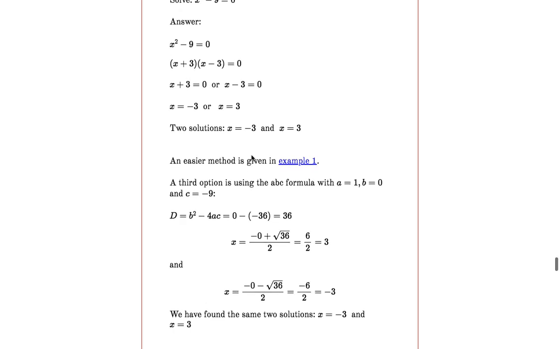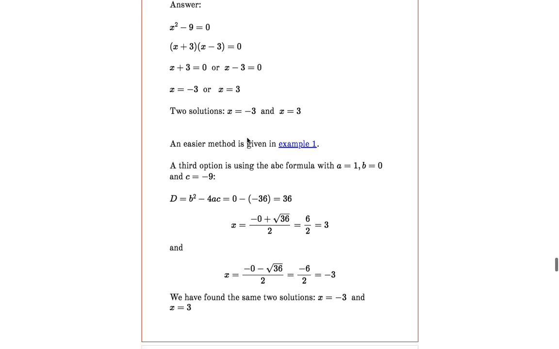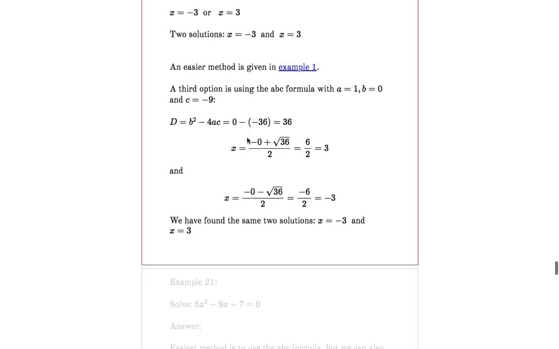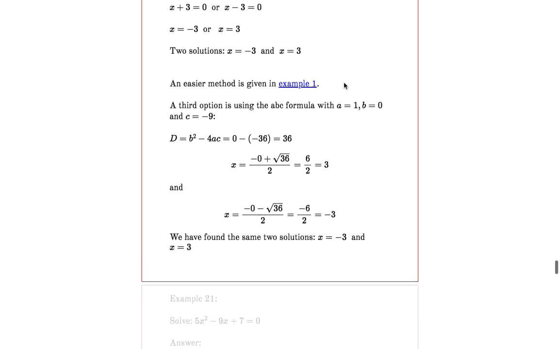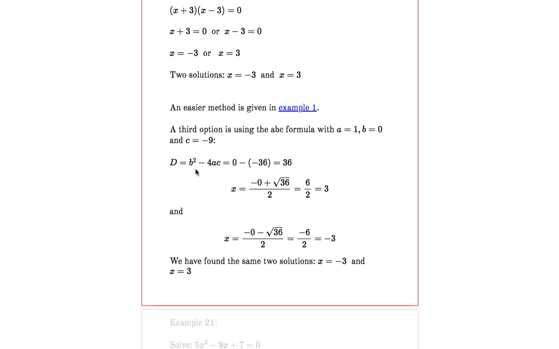We already discussed this equation in example 1, but this is a second approach you can use. We can also use the ABC formula with a is 1, b is 0, and c is minus 9. So b squared is 0 minus 4 times 9, which is 36.